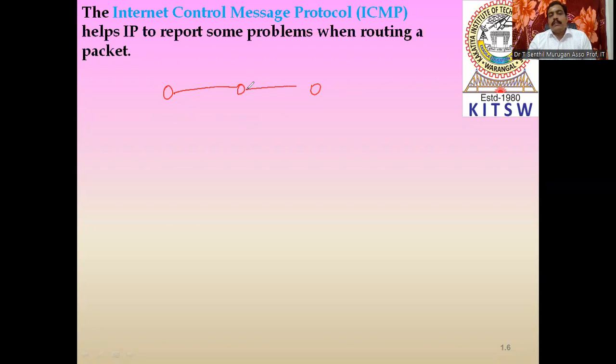Suddenly this network fails. What will happen? This information will be informed to the source. For that purpose, we are using the Internet Control Message Protocol.